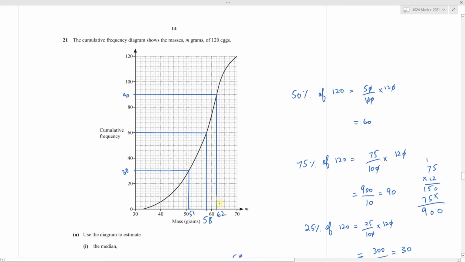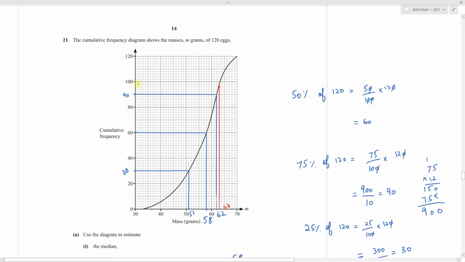So let me draw it in red. So this is 63 grams here. And then if I draw a straight line up till the curve here, it intersects at this point.